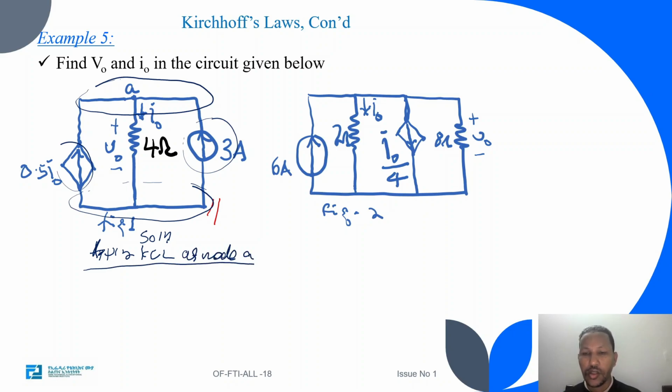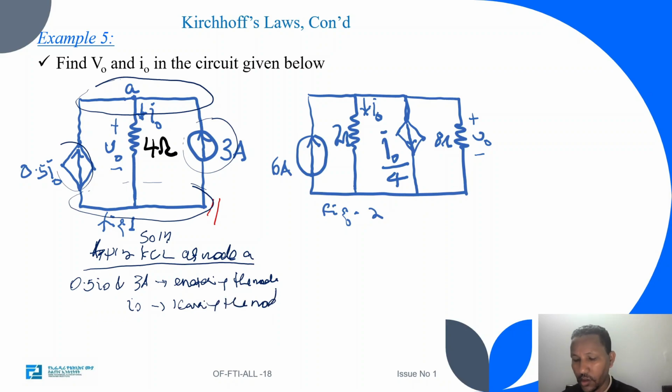At node A, the 0.5 I naught and the 3 ampere current source are entering the node, and I naught is leaving the node.